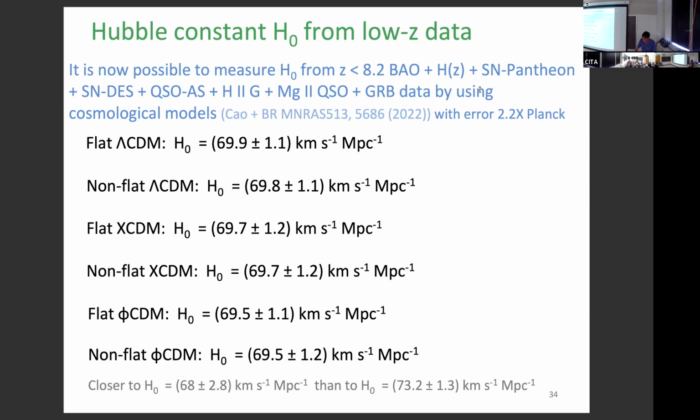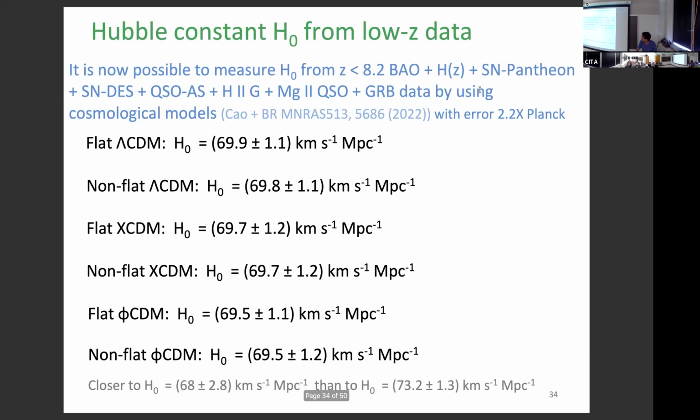The interesting thing is that these error bars are a little more than a factor of 2 from what you get from Planck data in the standard lambda CDM model. And so hopefully in 5 years, there'll be enough low redshift data to start approaching the Planck error bars with just this low redshift data.